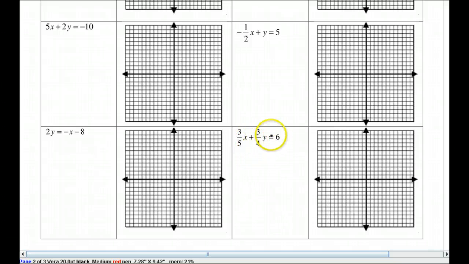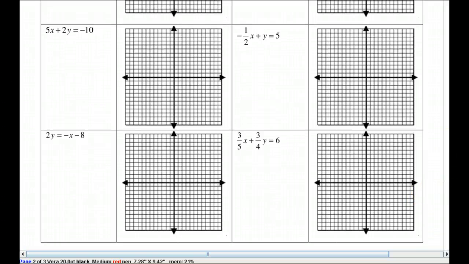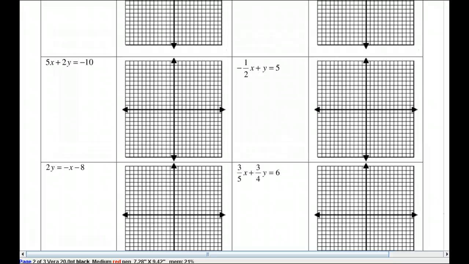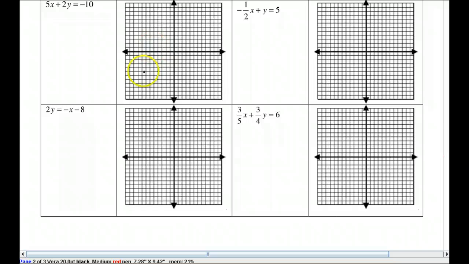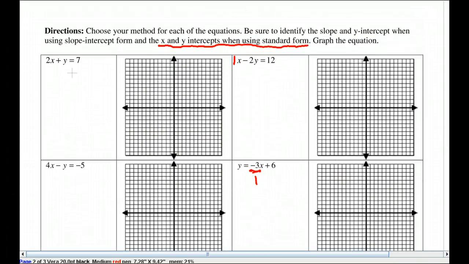You might say, well, I have these fractions, but if I'm plugging in zeros, all those fractions will just go away. So maybe that's easier to do. But you could also just clear the fractions by multiplying everything by 4/3 and see what you get as well. You have options. Sometimes one is faster than the other, and sometimes it doesn't make a difference. But on the ones that are clearly set up for intercepts, I want you to use the intercept method. And that's it. So work on that for the rest.